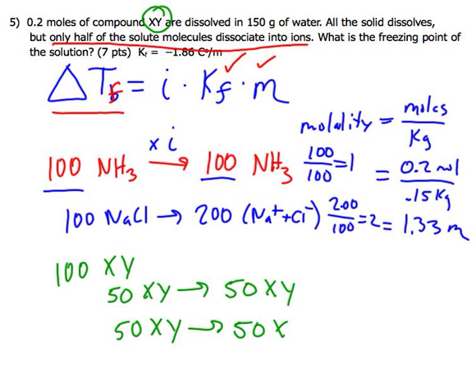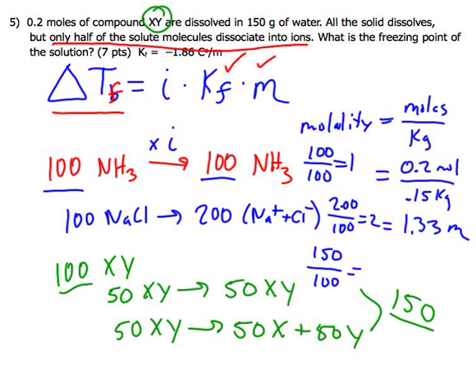I'm going to get 50 X and 50 Y. So this is a total of 150 particles, and I only dissolved 100. So the Van't Hoff factor then is effectively 150 over 100. It's 1.5. And so that's the key to this problem, the fact that the ones that don't dissociate still count.